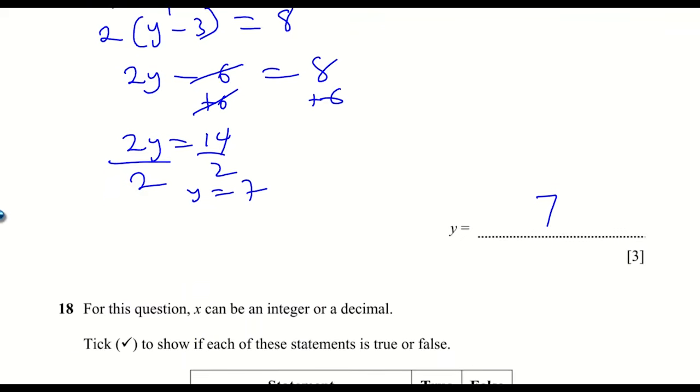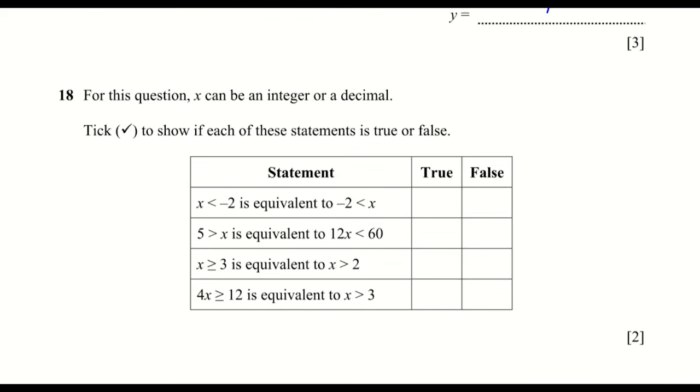Question 18. For this question, x can be an integer or a decimal. Tick to show if each of these statements is true or false. x is less than negative 2 is equivalent to minus 2 is less than x. This is false. 5 greater than x is equivalent to 12x less than 60.